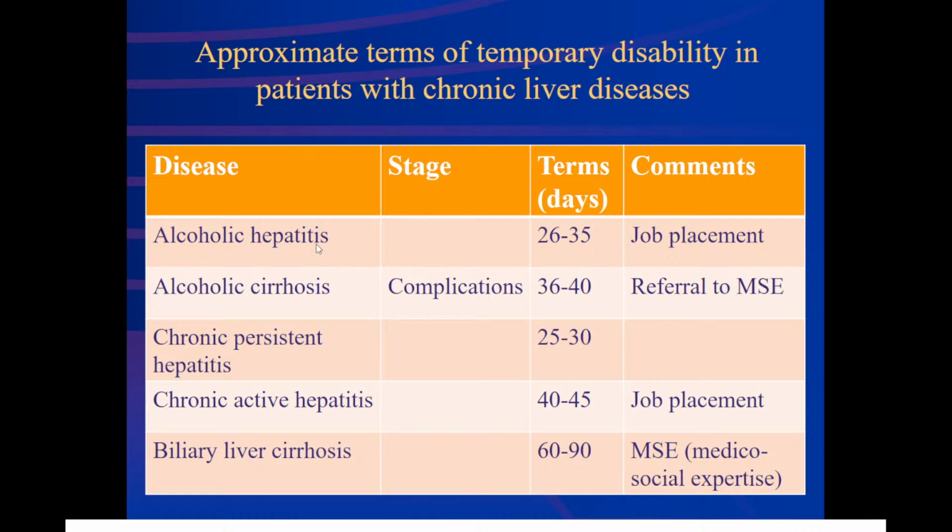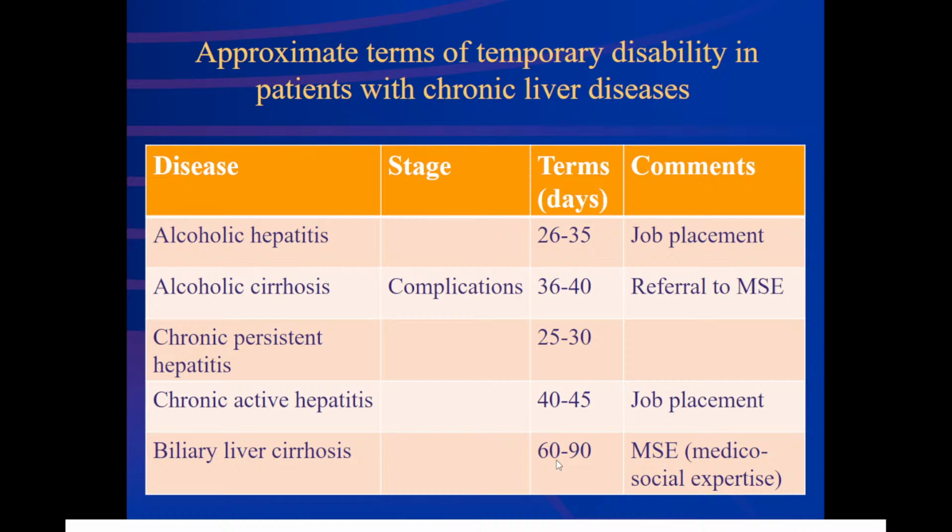In alcoholic hepatitis, sick leave may last an average of around 1 month. In alcoholic cirrhosis, 1 month or 1.5 months. Chronic persistent hepatitis, 1 month. Chronic active hepatitis, 1.5 months.